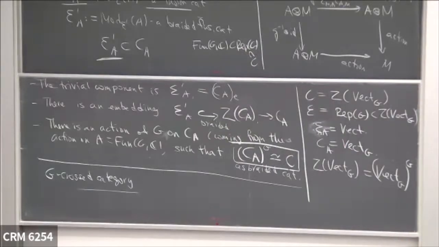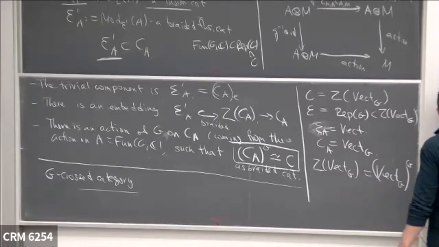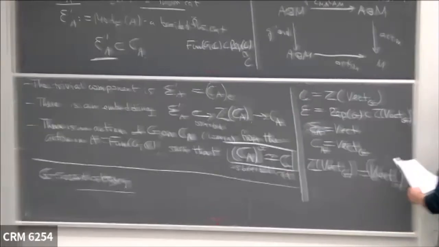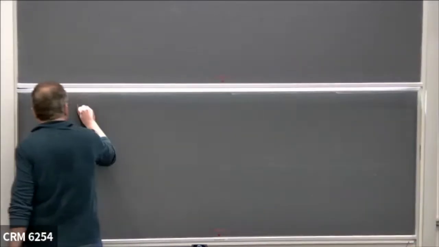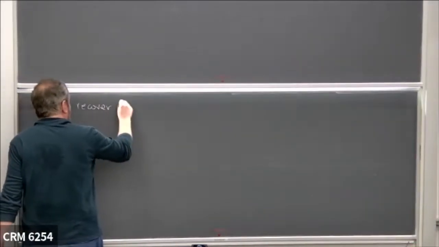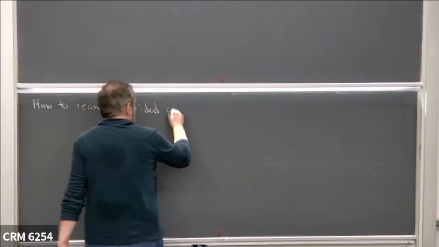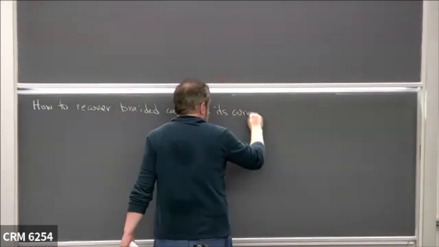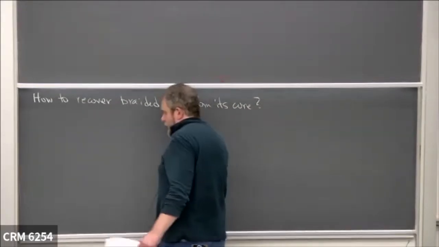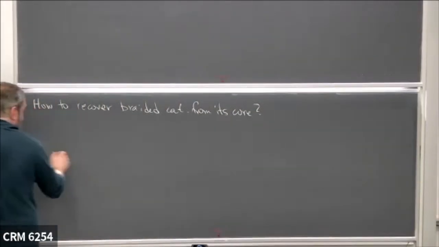So next I'll ask this question. How to recover a braided category from its core? Let me remind how we defined the core yesterday.